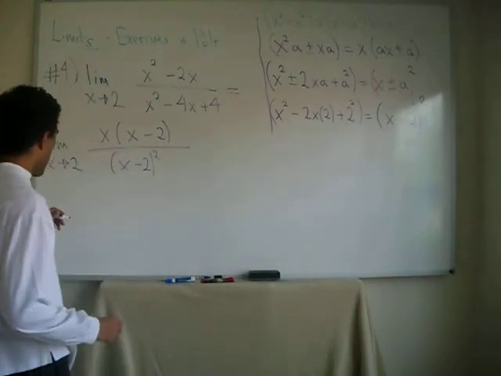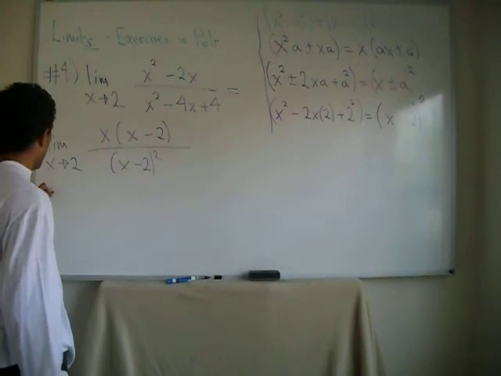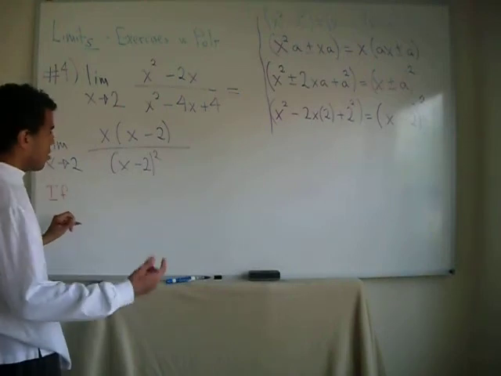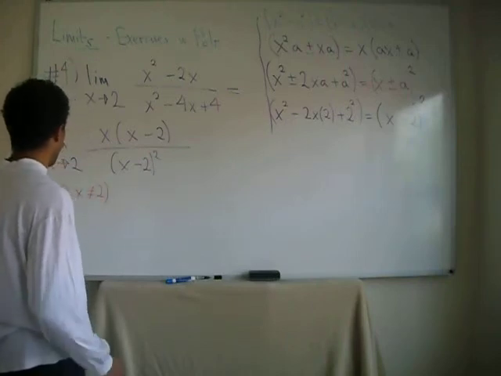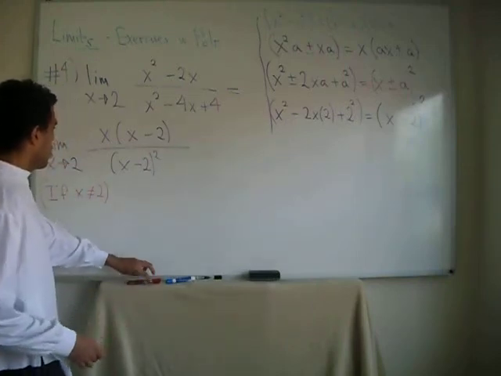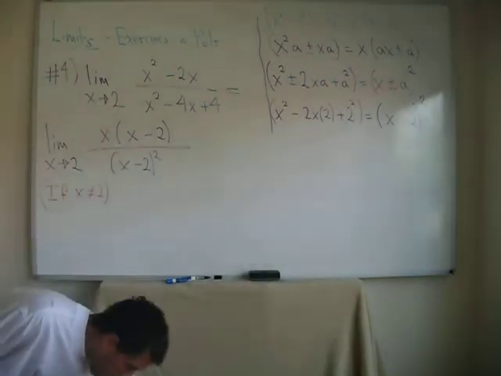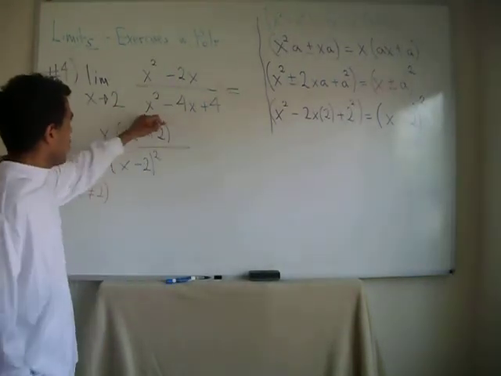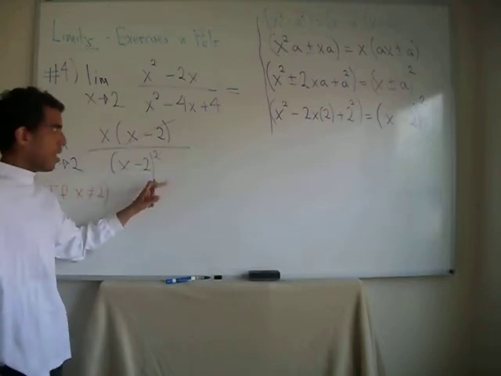Okay? And I can simplify now. I can get rid of one of the factors, if x is not 2, and it's not. So this factor goes away. This is a square, so I'm going to still have one left.